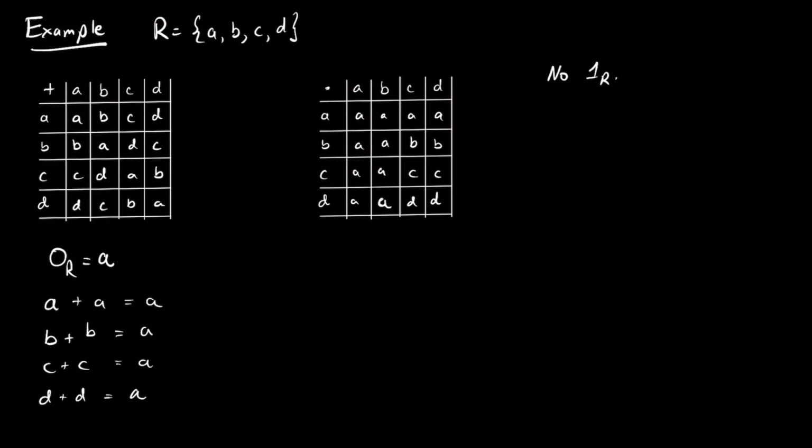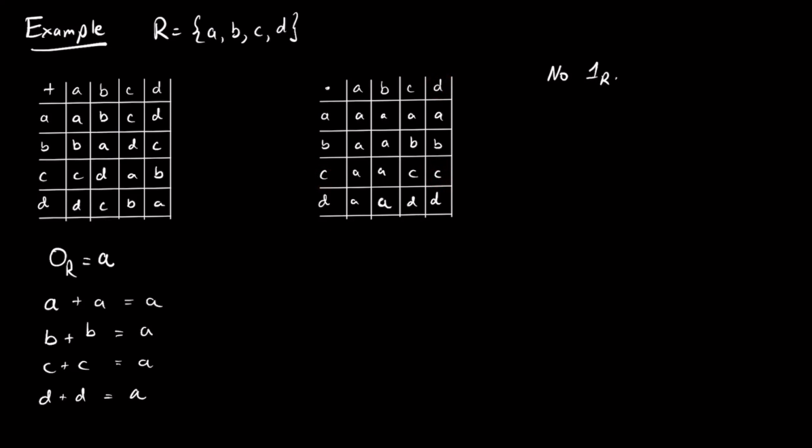Well, let's take c times some other element. If I do c times d, I get c back. But if I do d times c, I get d back. So c is not my 1, because d times c gave me back d, but c times d gave me back c. If c is my candidate for my 1, I should have that c times d is equal to d, but I'm getting c back over here. So that doesn't work.